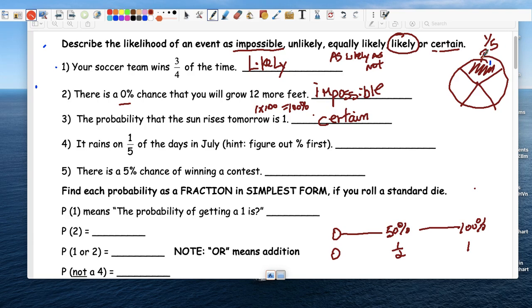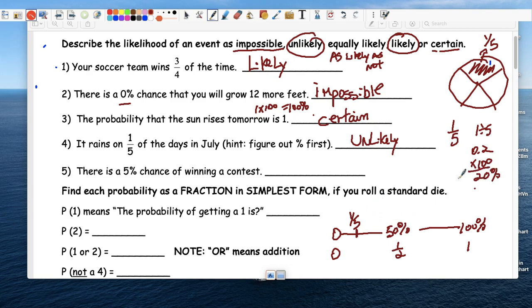Is that less than a half? Yeah. So if it's less than a half, it's going to be somewhere over here in this section. This is about 1/5. So that would be unlikely. Now, if you want to change it to a percent, divide 1 by 5, you get 0.2. Then if you multiply that by 100, it's 20%.